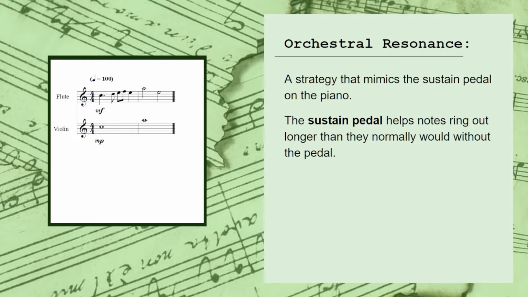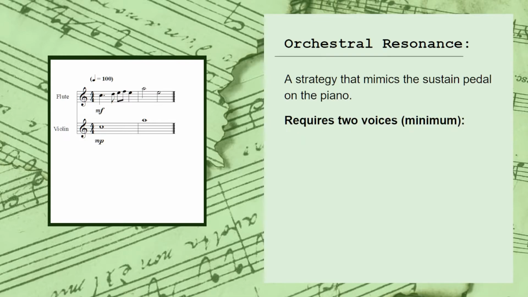And even though the orchestra does not have a sustain pedal, we can achieve something similar. To use this strategy, the notes in question must be performed by a minimum of 2 voices. The first voice is your primary voice, and the second is the secondary. The primary voice will perform the note like the pianist, playing it only as long as necessary to perform the initial idea.